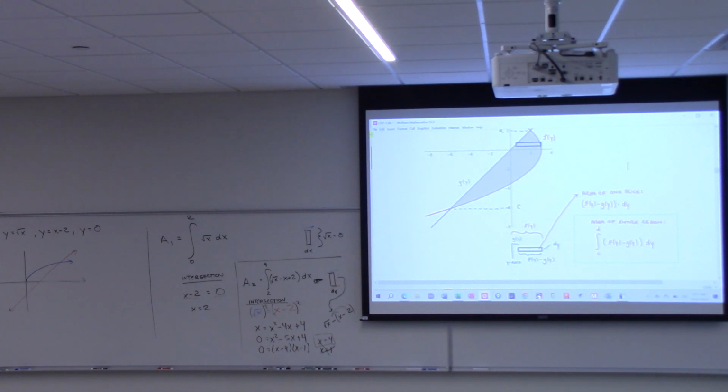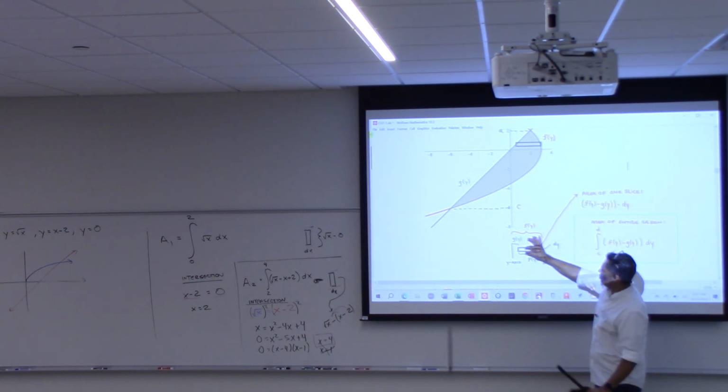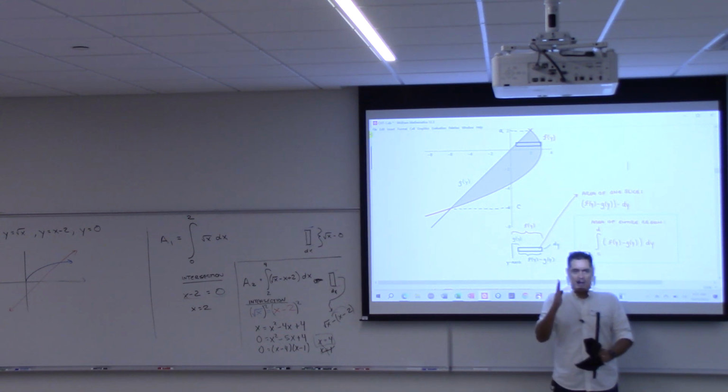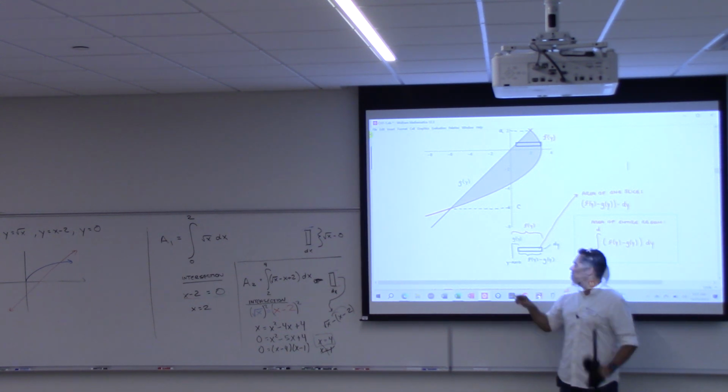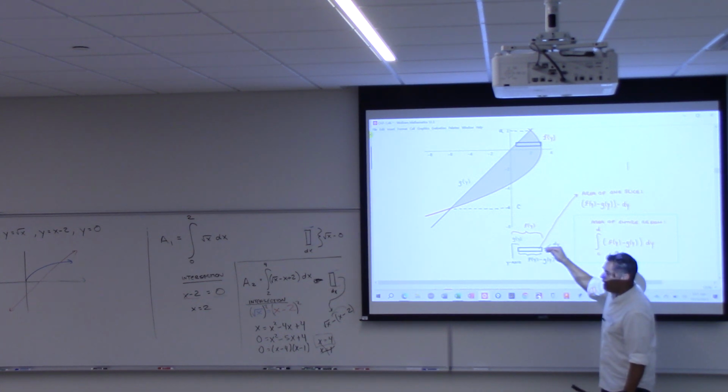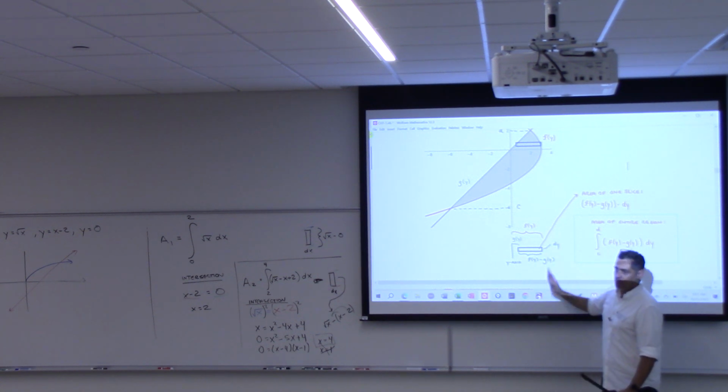Here's that rectangle. Okay, how tall is it? Well, instead of moving left and right, dx, I want to just move up and down. So this is going to be dy. Y is going to be my independent variable. And then I need to know how wide it is.